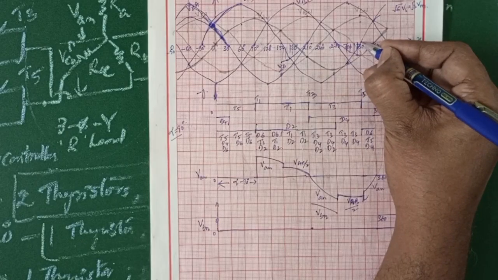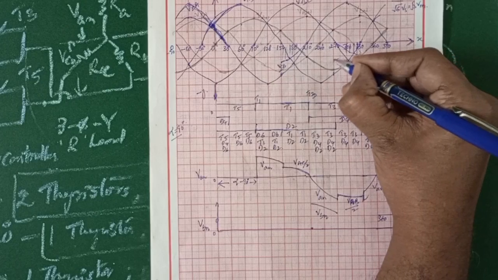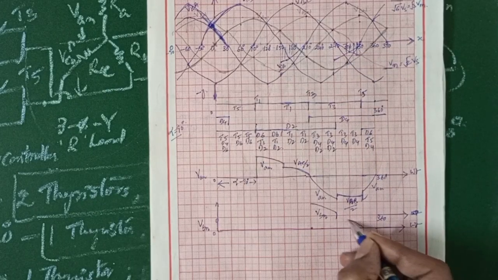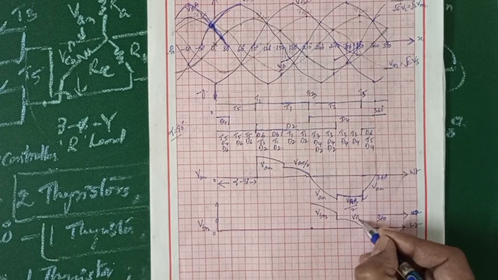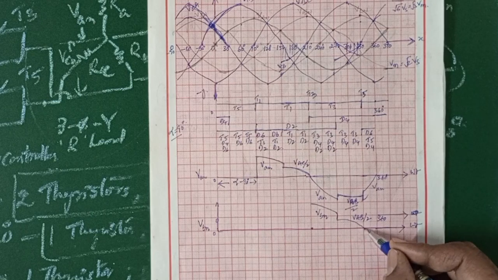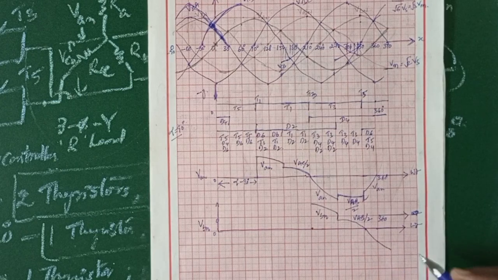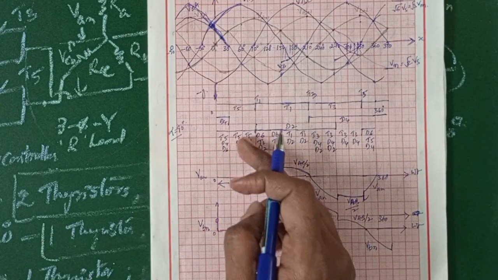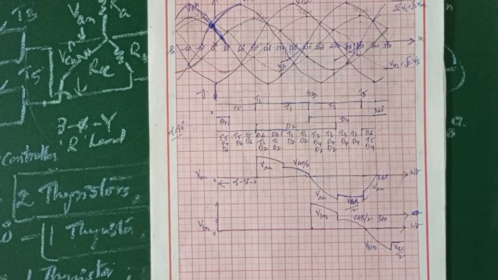So half of the VAB. This is VAB by 2. 3 devices are connected: VBN. And further if you go, then 2 devices will be connected. After this, VBC by 2.